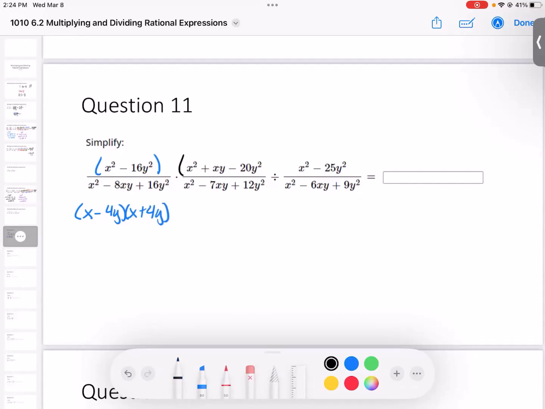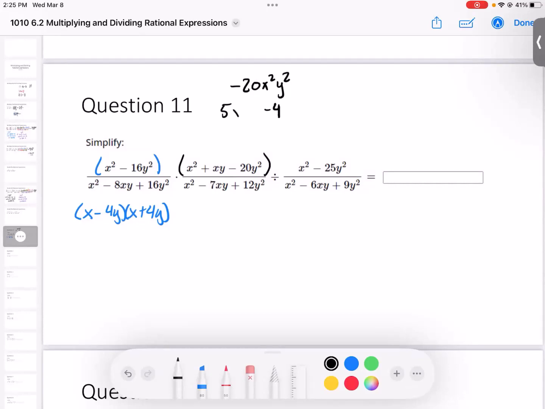Then my next polynomial is a trinomial. So the way that I would factor this trinomial is take x squared, multiply by negative 20y squared. So I get negative 20x squared y squared. I'm looking for two things that multiply to that, but add to positive xy. So I think that would be 5 and negative 4, because those would add together to the positive 1 right here.